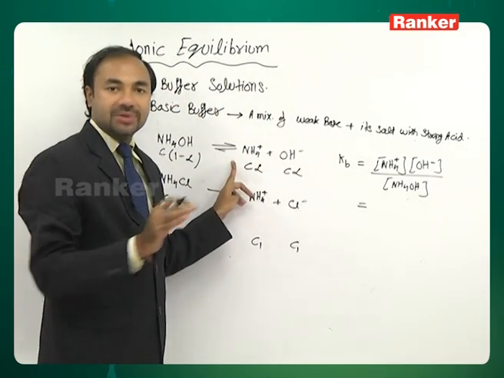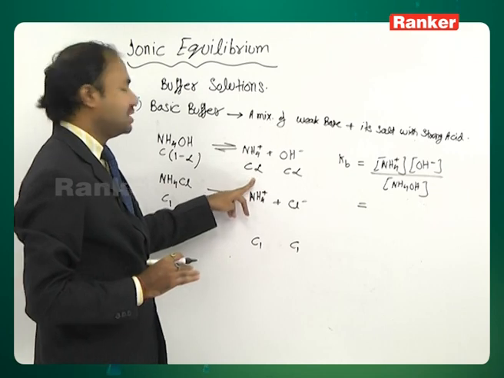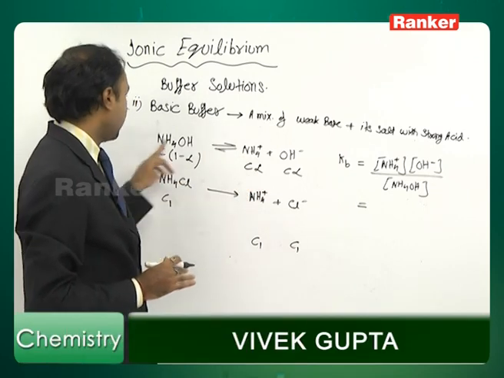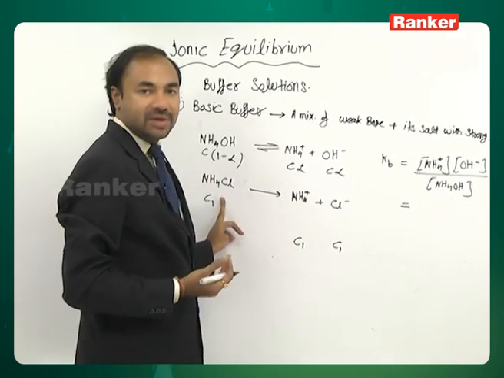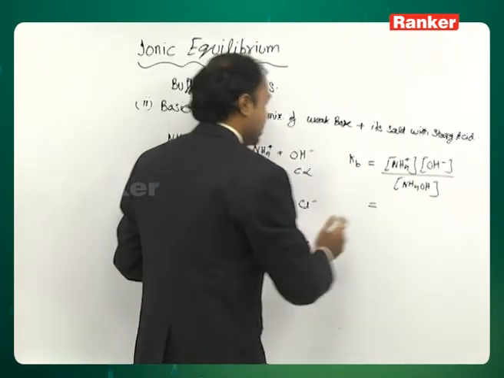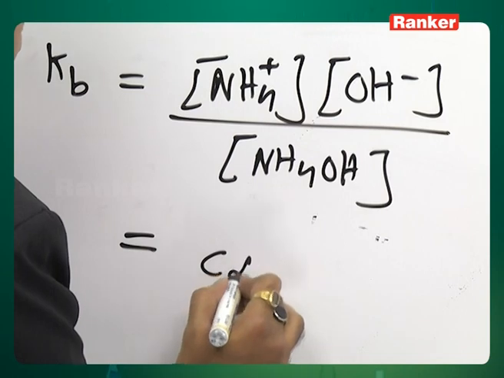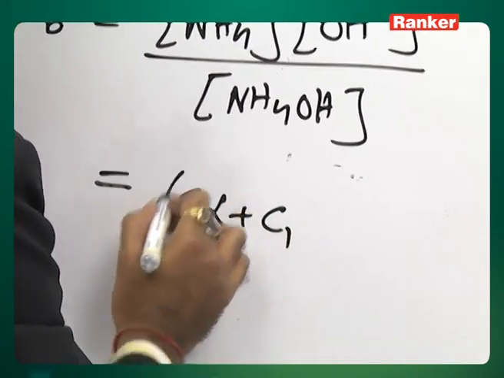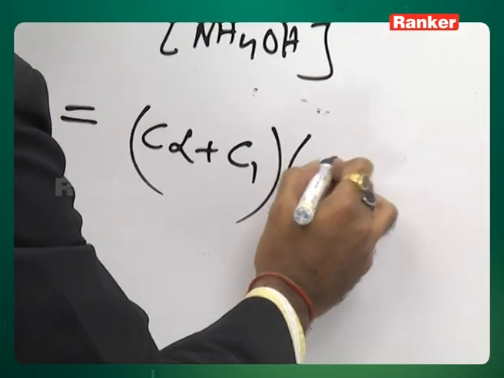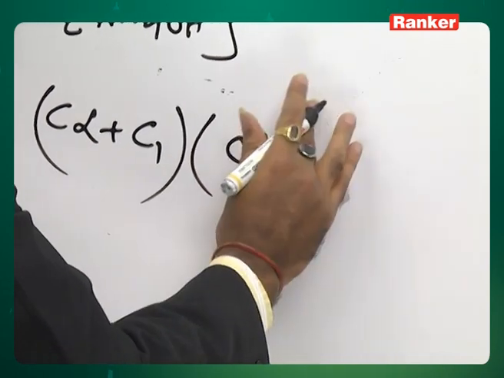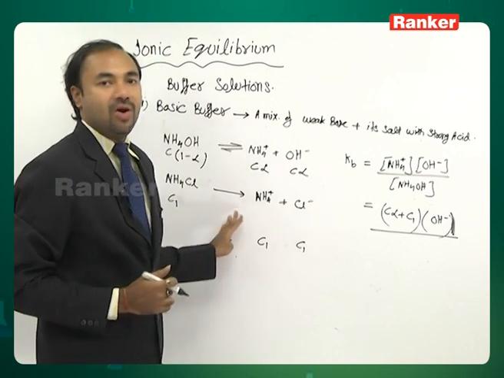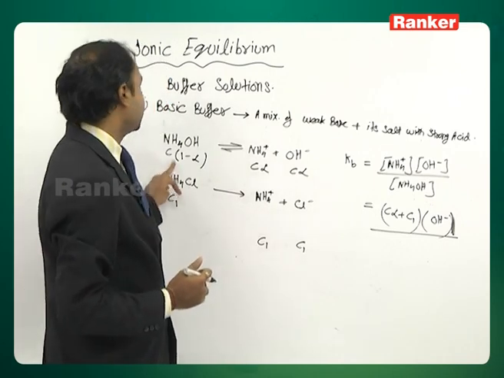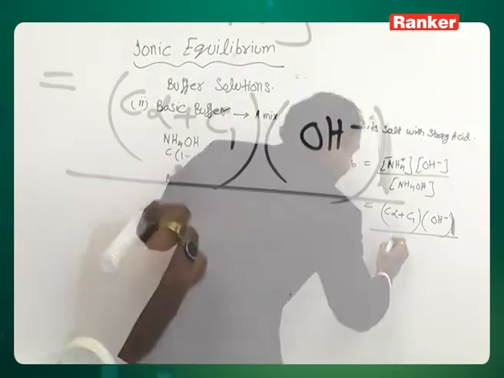Again, we have the total concentration, which will be C alpha coming from dissociation of NH4OH plus C1 coming from dissociation of NH4Cl. So this becomes C alpha plus C1 into the concentration of hydroxyl ions, upon the concentration of ammonium hydroxide, which will be C into 1 minus alpha.